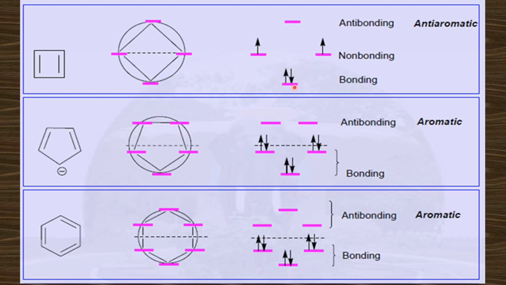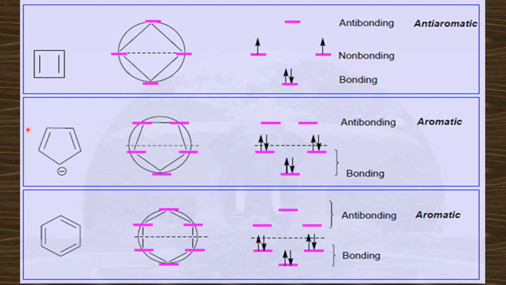Now 2 electrons should be filled here, and the remaining 2 electrons will occupy these 2 orbitals according to Hund's rule. Therefore, this cyclobutadiene in its pi molecular orbitals is having 2 unpaired electrons. Therefore, it is an anti-aromatic system.